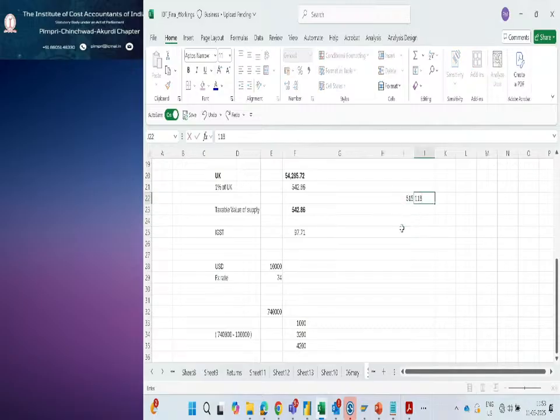That means the value is 118%. So how will you calculate the basic and the GST separately from here?